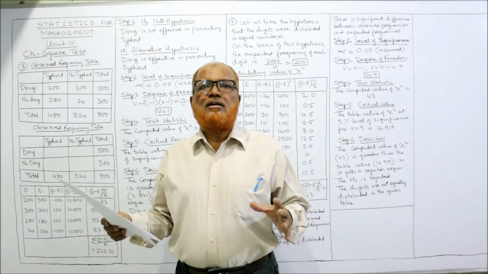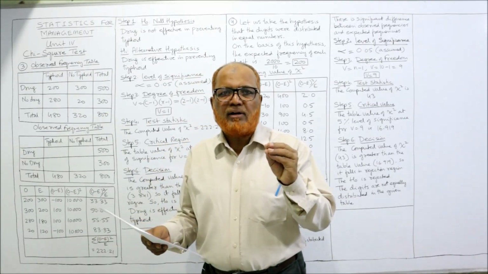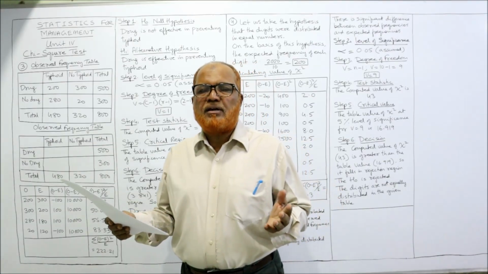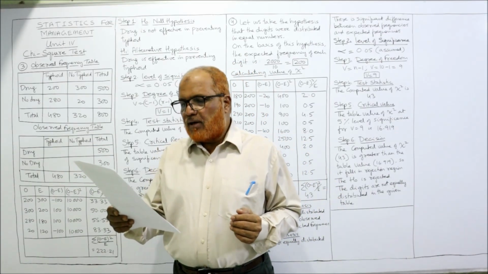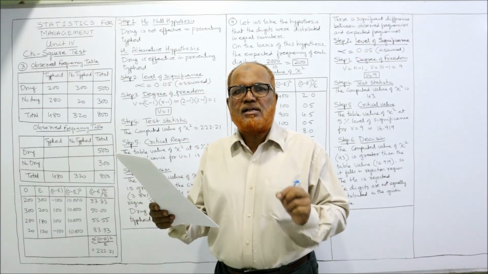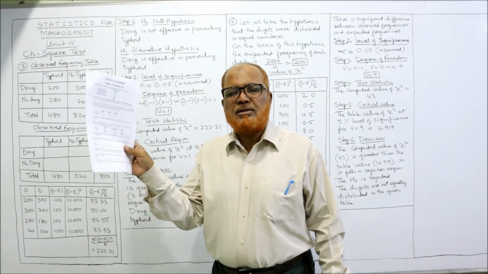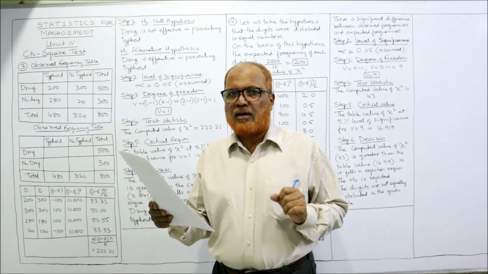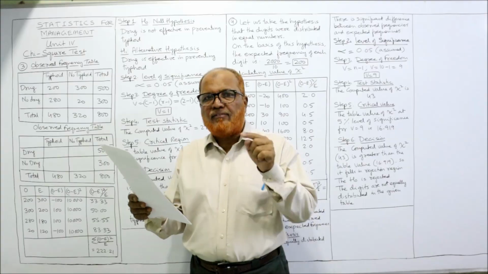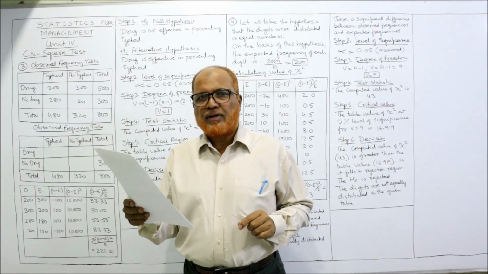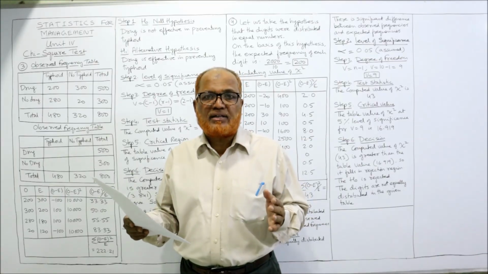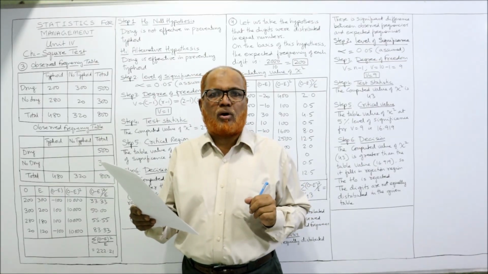Out of 800 people in the sample, 500 are administered the drug and the remaining 300 are not. The actual results are given in the table. Two rows are there, drug and no drug, and two columns, typhoid and no typhoid. That means we want to tell whether the drug is effective in preventing typhoid or not.